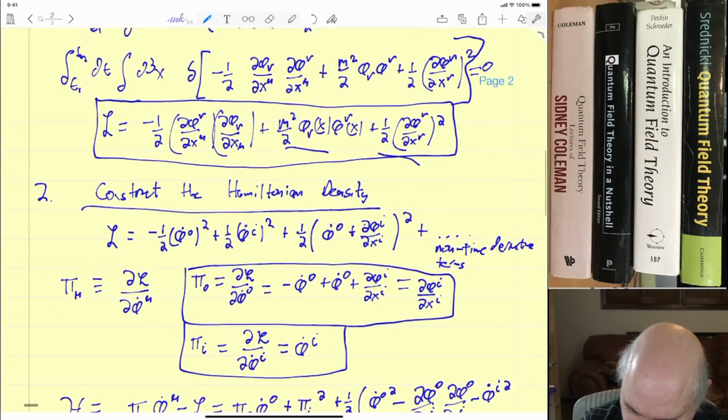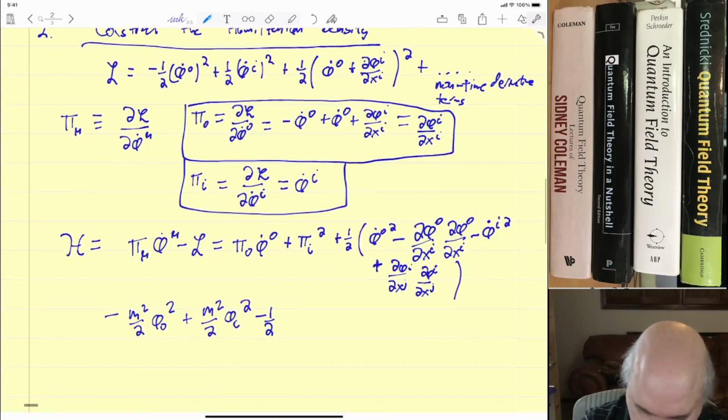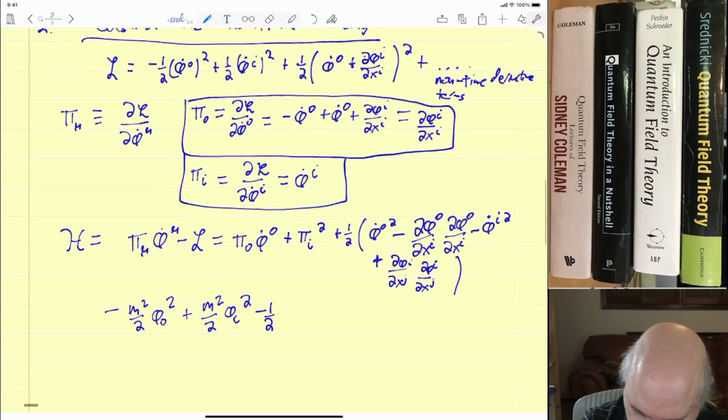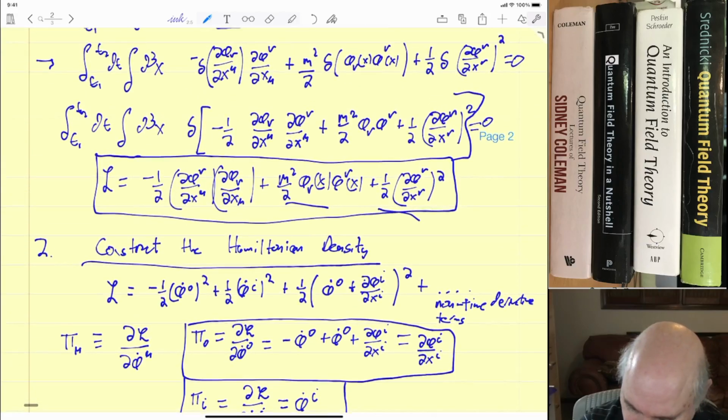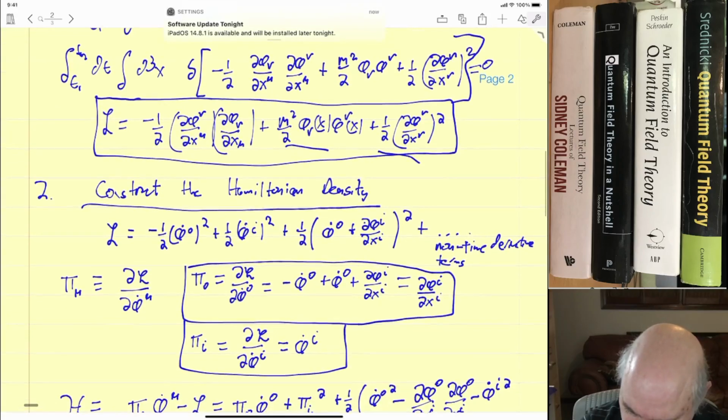I haven't done it yet. So I have minus 1/2 phi dot 0 plus, and here I'm making use of the fact that partial of phi with respect to xi is pi 0.